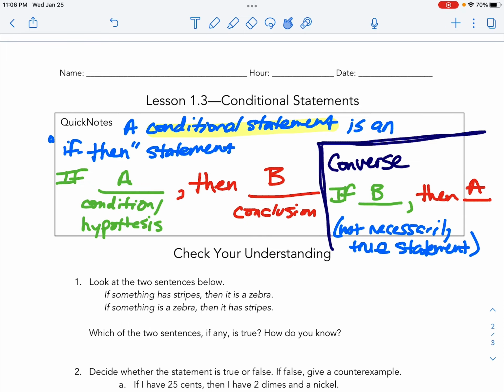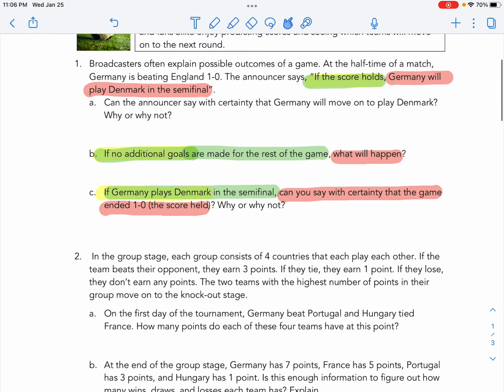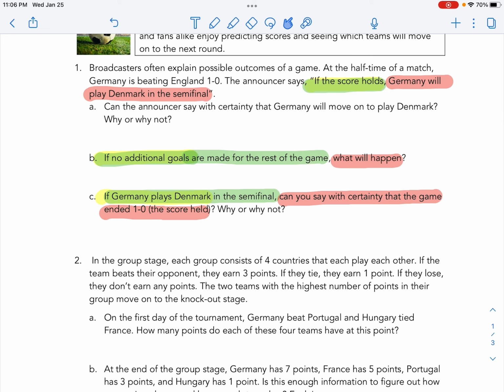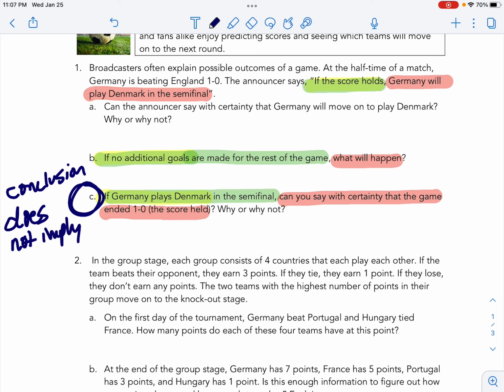So you might have noticed up in the front side again of this piece of paper, we had a question like C, where we had a situation play out where the conclusion does not necessarily imply the condition.